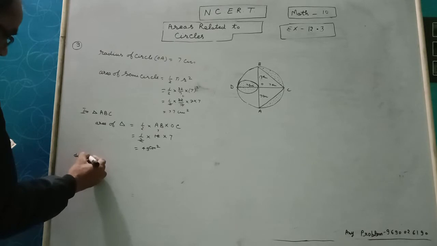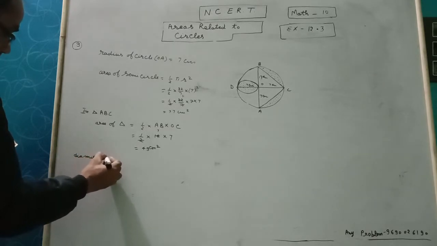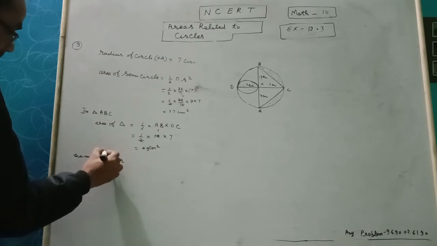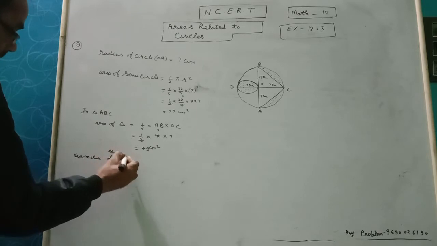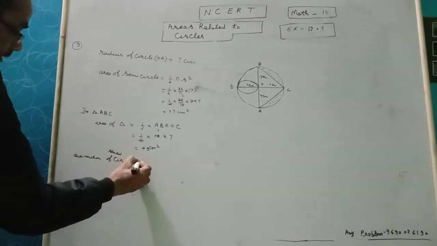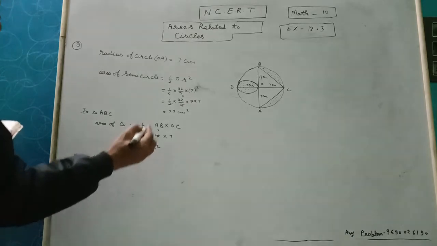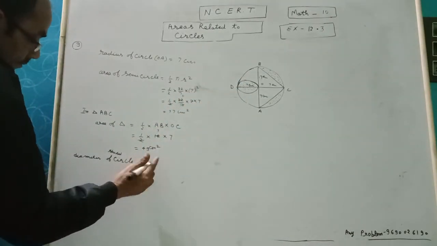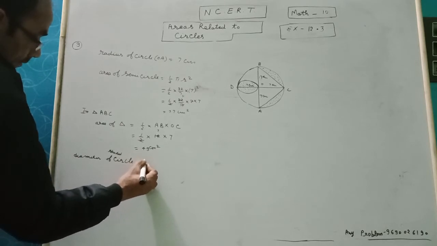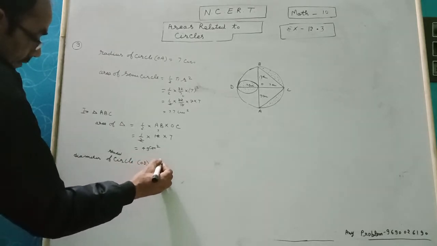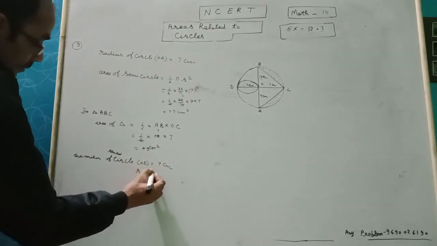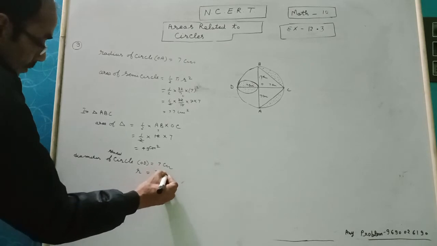The diameter of the shaded circle is OD, which is 7, OD equals 7 cm. Then the radius will be 7/2 cm.